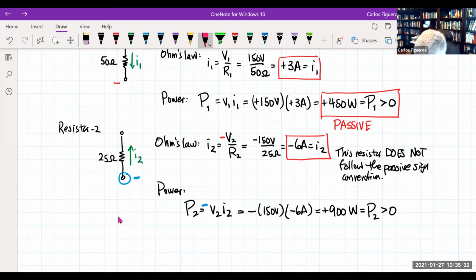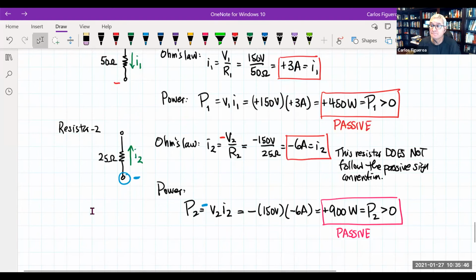In other words, even though that thing is not following the sign convention, this resistor is still passive. Exactly like we expected. Okay. Here we go. Let's move on to the next thing.